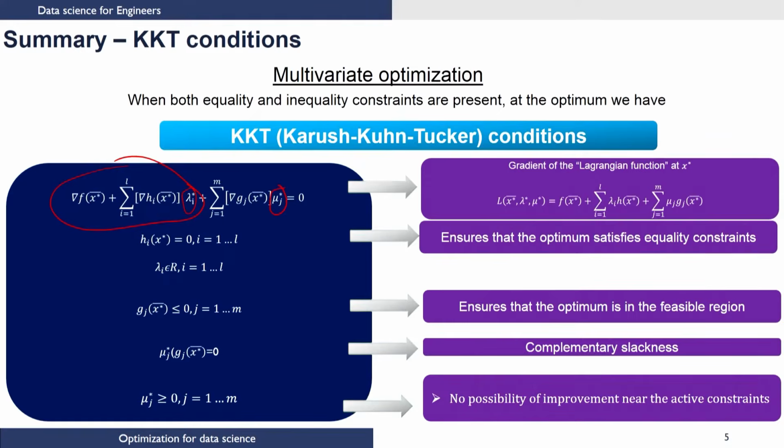So, if you have m inequality constraints, there will be m mu's. The difference between this condition in the equality and inequality case is that for every one of these inequality constraints, you add more linear combinations of mu times grad g.